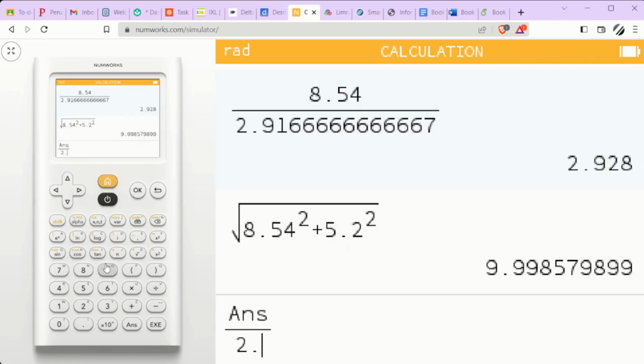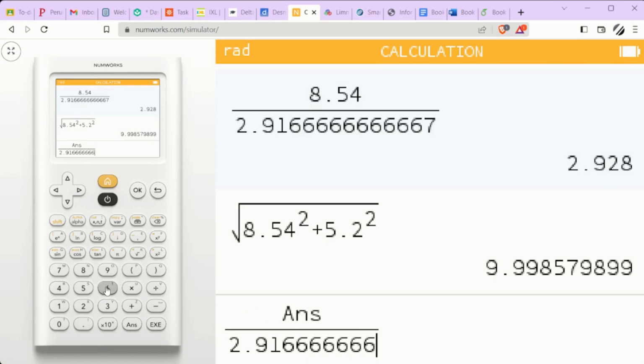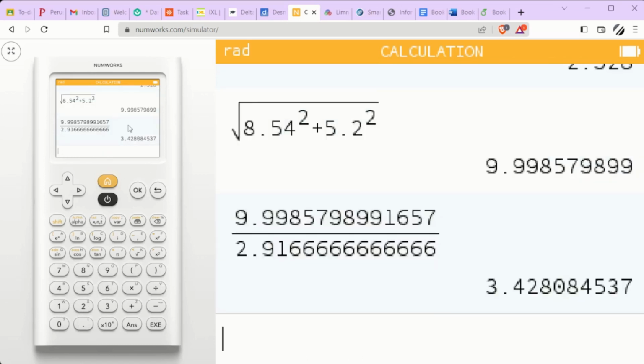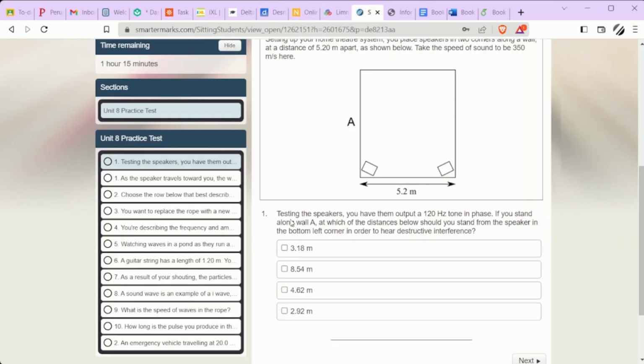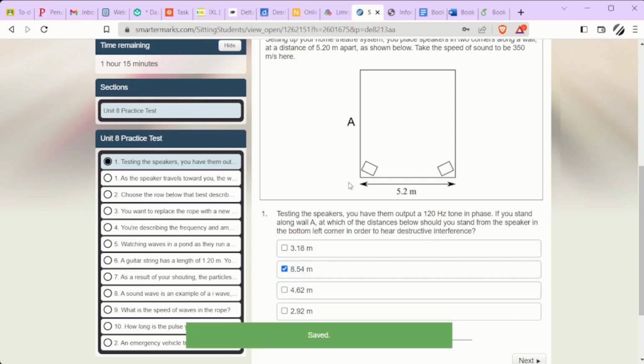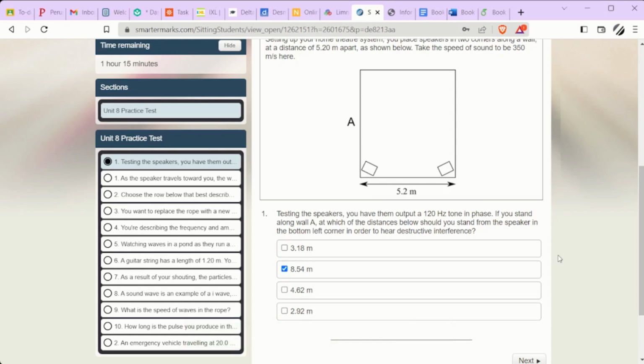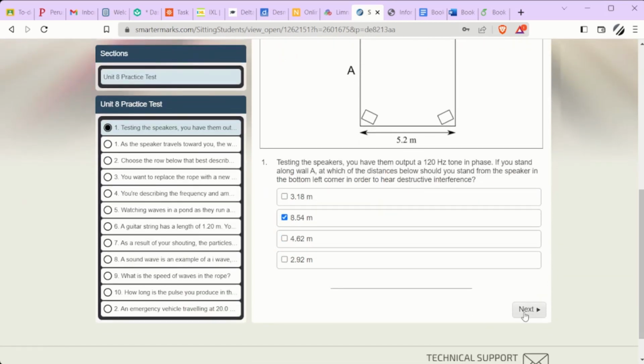We divide that by our wavelength. There we go, 3.43 compared to 2.93. Those are the ones where the path length is off by half a wavelength. So to figure out what the wavelength is, figure out how many wavelengths we've gone off the wall for each of these, and find the ones where they differ by half a wavelength.